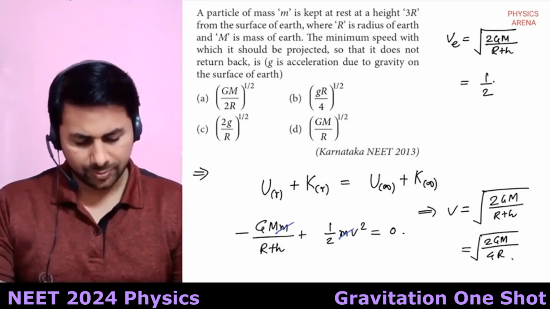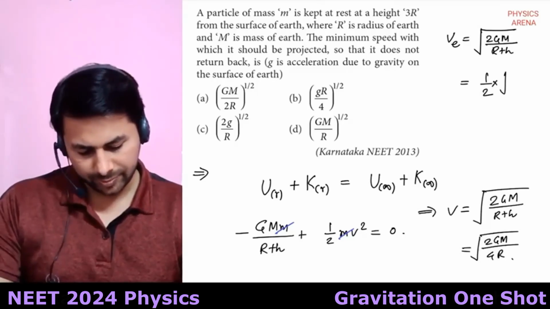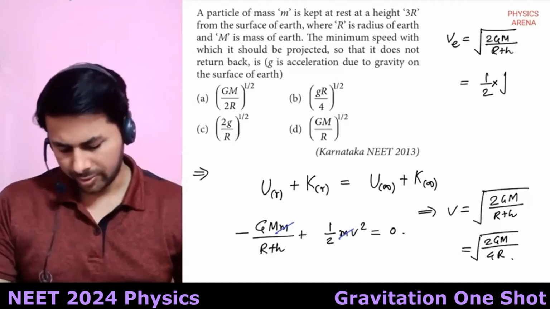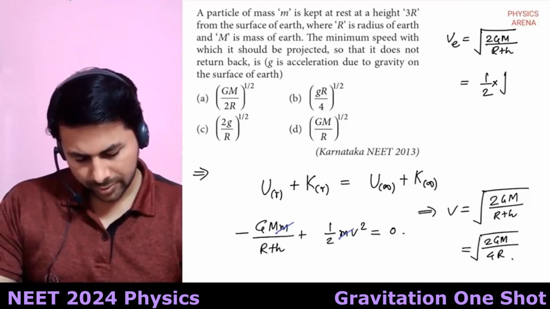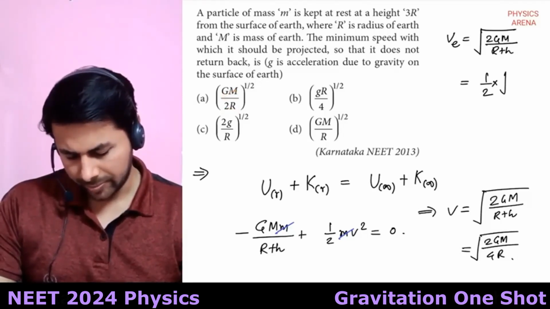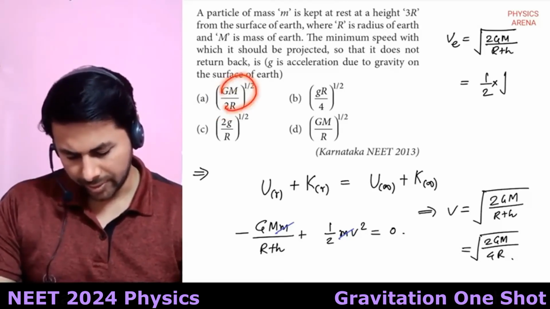Then you get 1 by 2 multiplied by square root of 2GM upon r. The options are in terms of GM upon 2r raised to half. This is the distance from the surface of Earth.